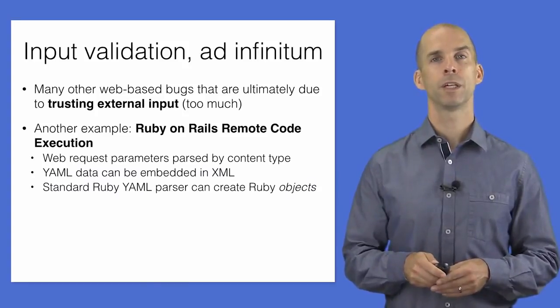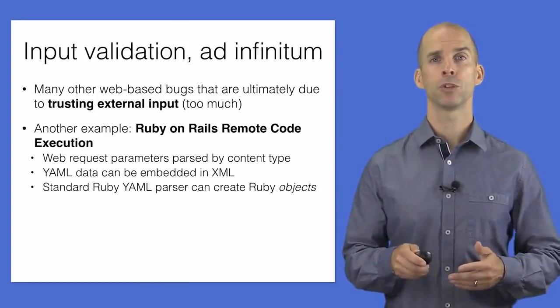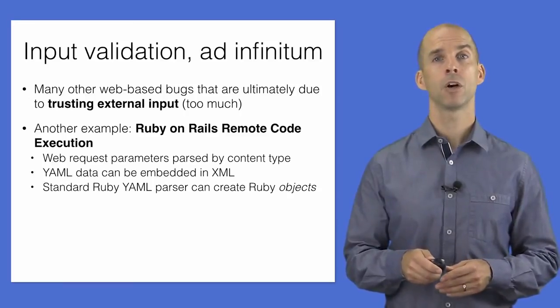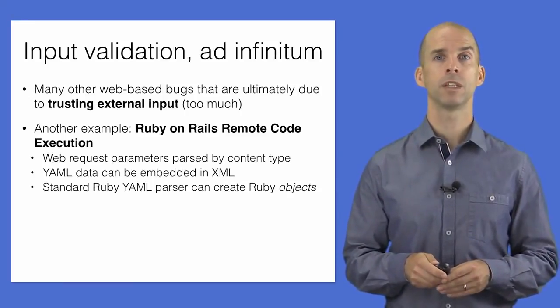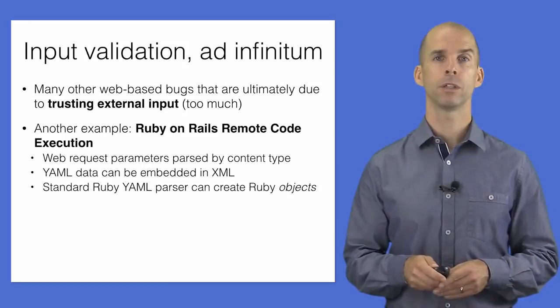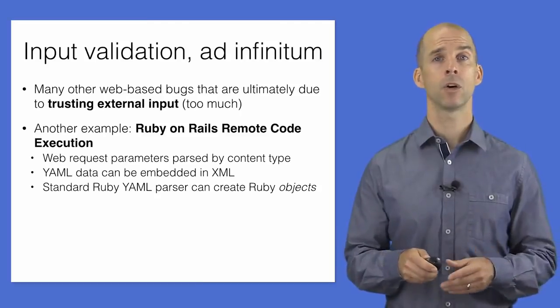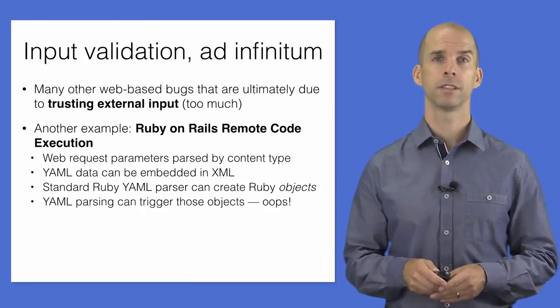When those Ruby objects represent integers or strings or enumerated types, then web app behavior proceeds as we might hope. However, YAML can encode any object, which it does by embedding Ruby code. Since the default YAML decoder can be used to decode arbitrary objects, it can thus decode arbitrary Ruby code.